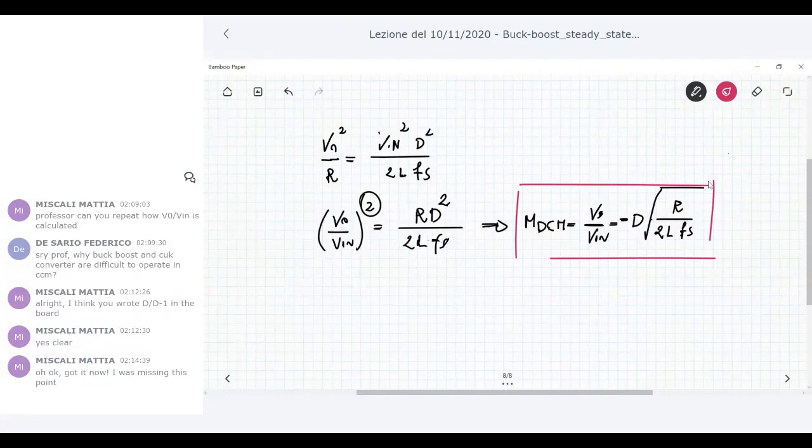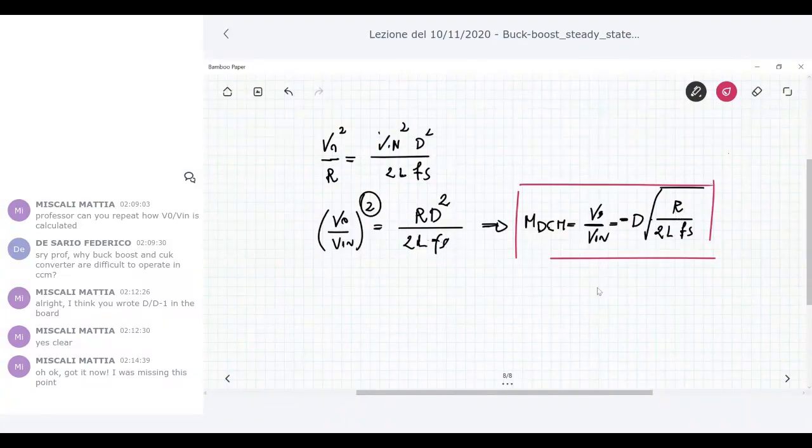It depends on D, and this is useful for control because D is the control information. It is the way I can change the output voltage from the outside. So D is the control input, and I can control it by control signals. But it also depends on R, on L, and on Fs, like all the conversion ratios in DCM for all the converters.